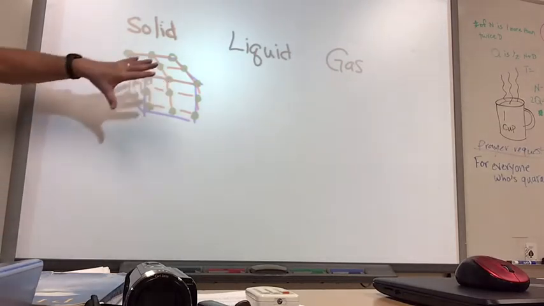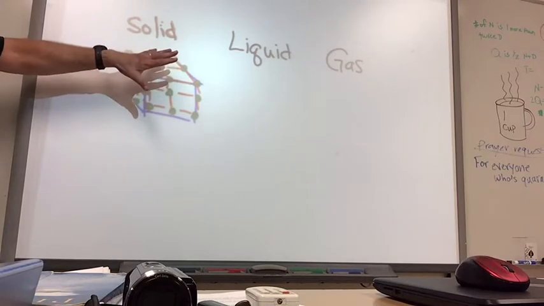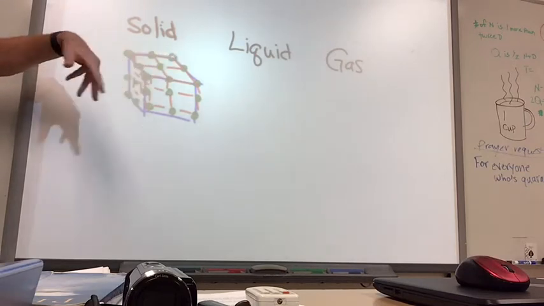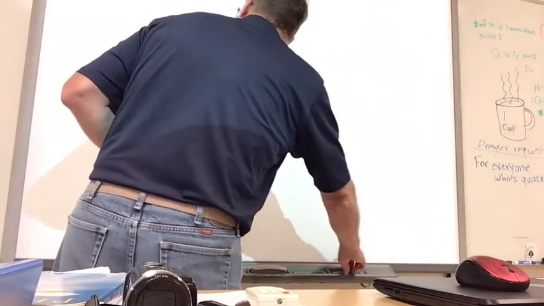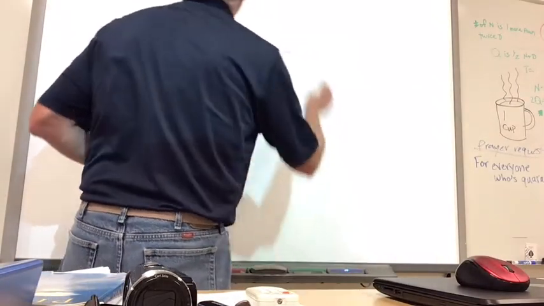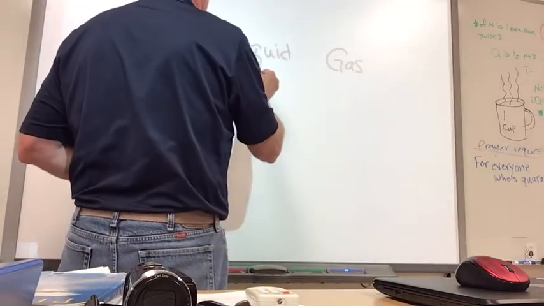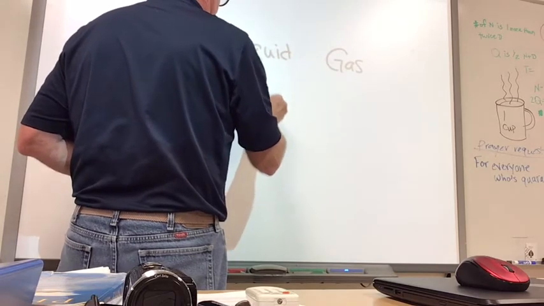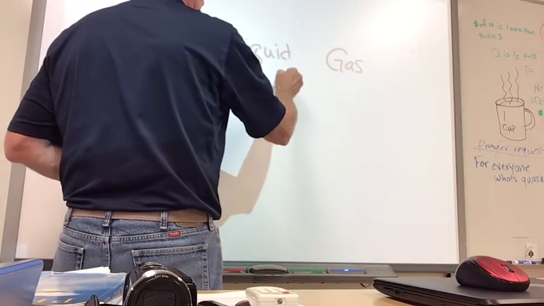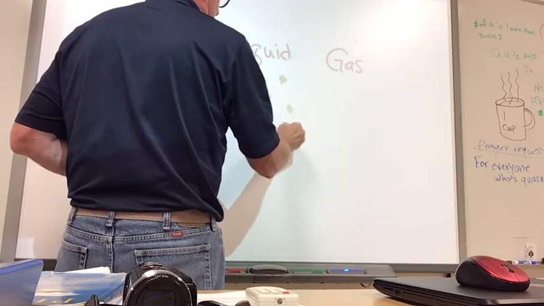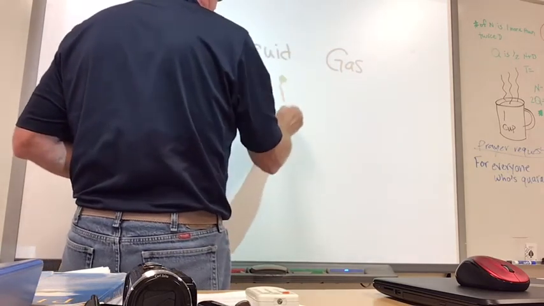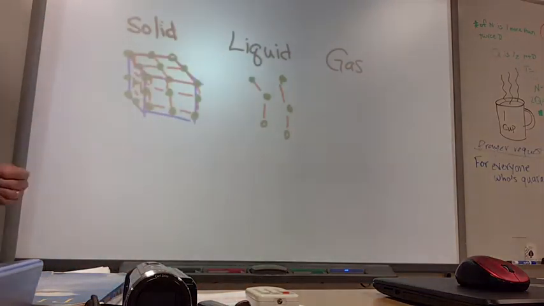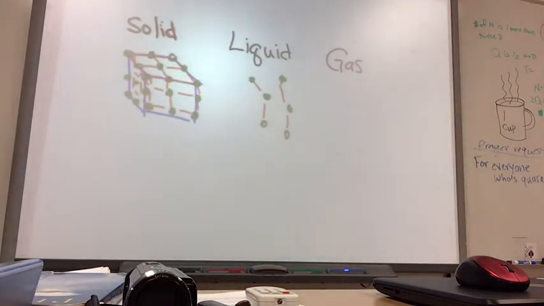So a solid is held in a lot of places, but there's always motion, just vibration and rotation, but in the same place. In liquids, we have particles still attached, but just kind of in chains and beads, and they can be long chains.